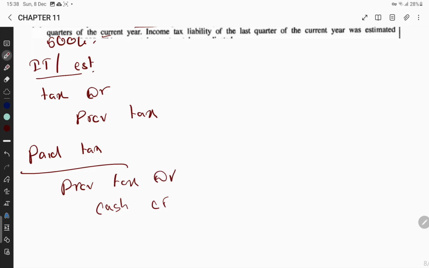Basically I told you the profit that we calculate and the profit that's taken into consideration when calculating tax are two different profits. Sometimes the tax that we estimate for last year might not be the accurate figure. We might have overstated or understated the tax.